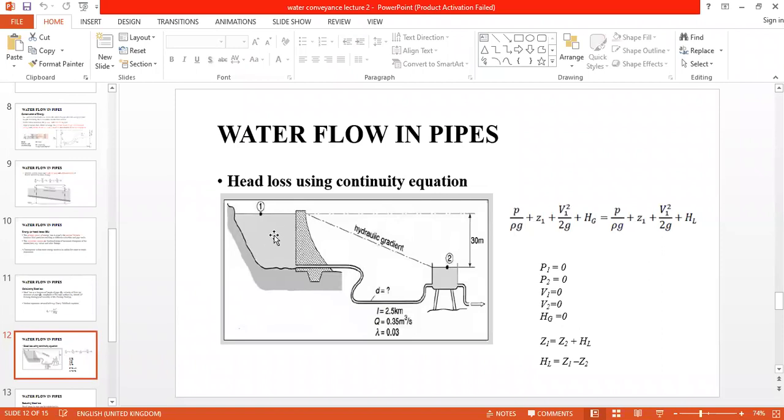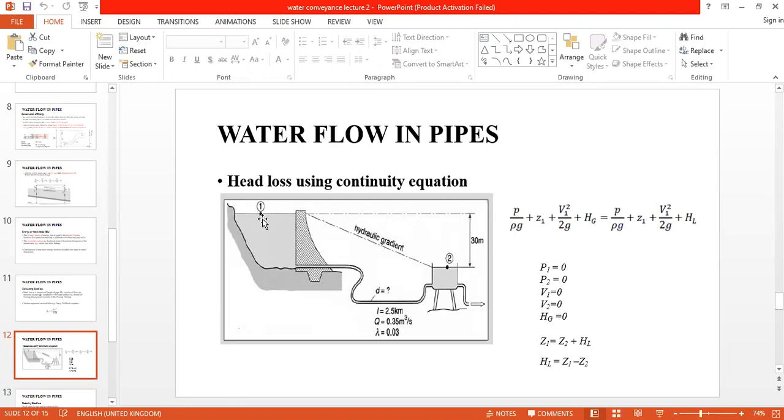So at point 1, can someone tell me what the pressure will be here at point 1? Just a quick guess, if anyone can remember what we talked about yesterday. 30 meters.